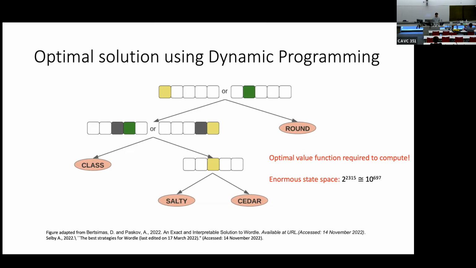Since computing V star is computationally inefficient, what could be the ways that I can calculate an approximate V such that it is not too far away from V star and I can still solve the game in a much more efficient manner?